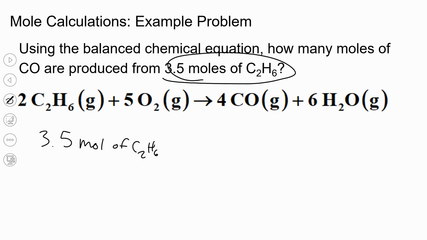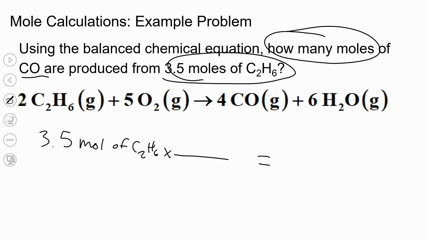And then I'm going to convert that, so I need a conversion factor. And I'm trying to figure out how many moles of CO. So I need to end up with moles of CO. So we can just use our strategy. We're just figuring out what goes on the top of our conversion factor, what goes on the bottom.